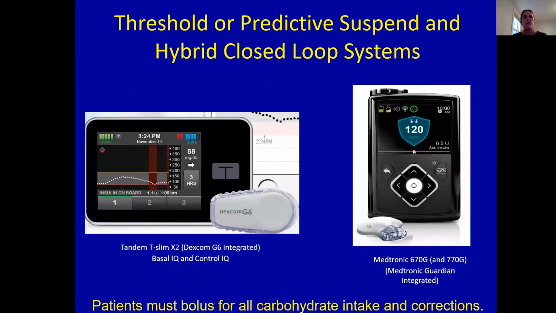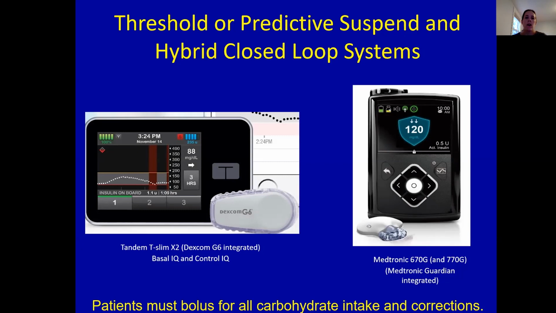The most recent versions of insulin pumps that are currently FDA approved, the T-Slim X2 and the Medtronic 670G and 770G, have the added benefit of being integrated with the CGMs. And so the pump can actually use information coming from the CGM to change insulin delivery.